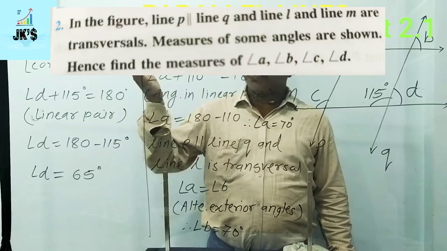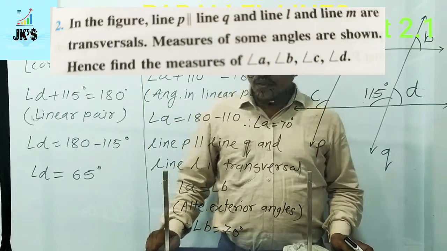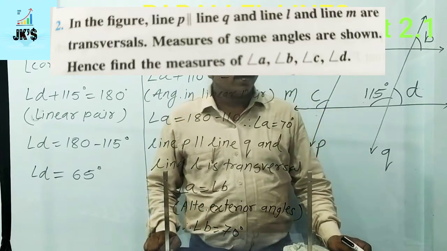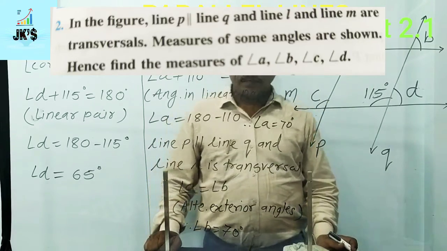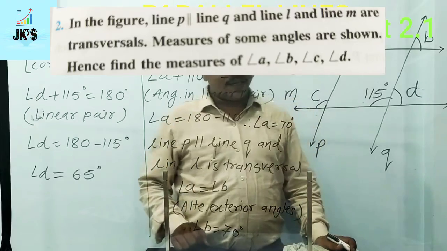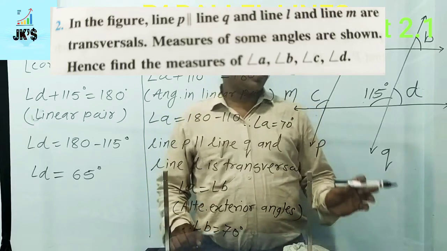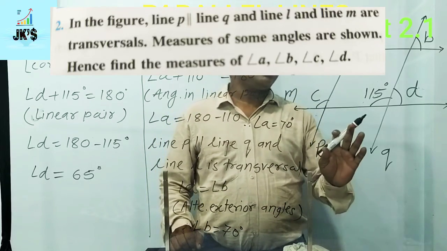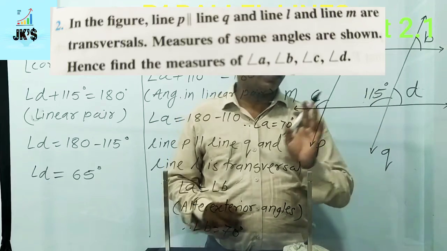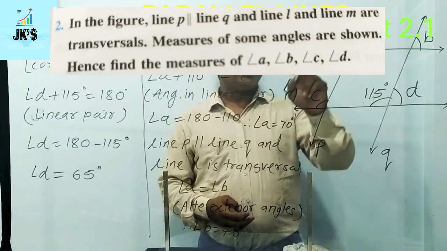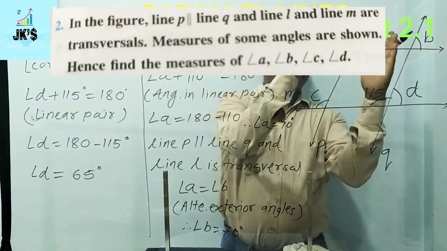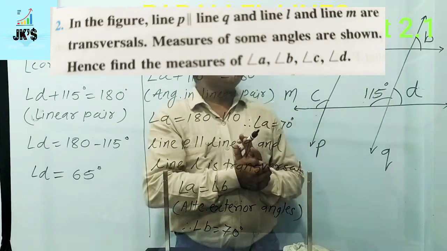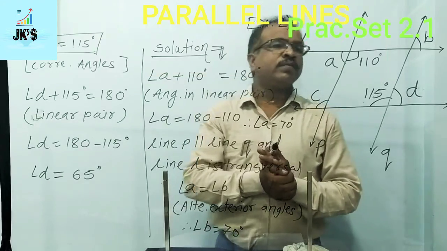Question number 2. What is question number 2? In the given figure, line L is parallel to line M and line P is parallel to line Q. Some measures of angles are given.